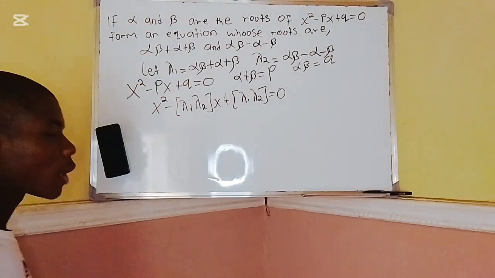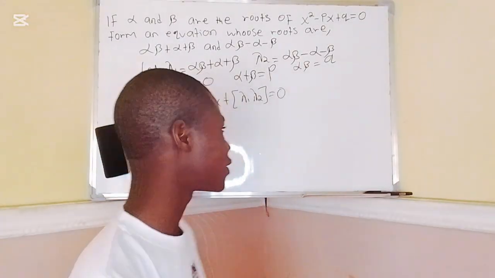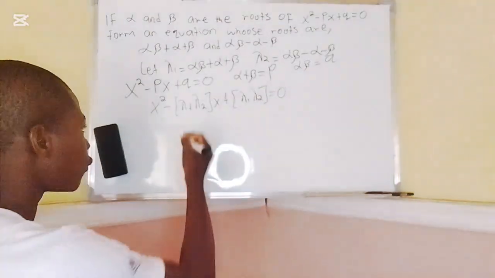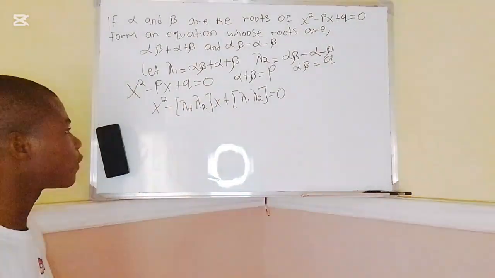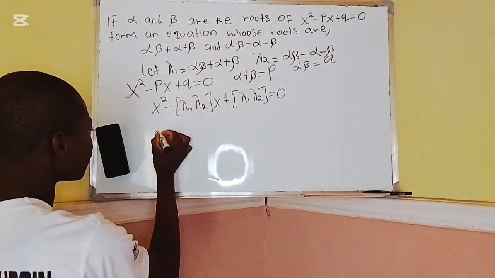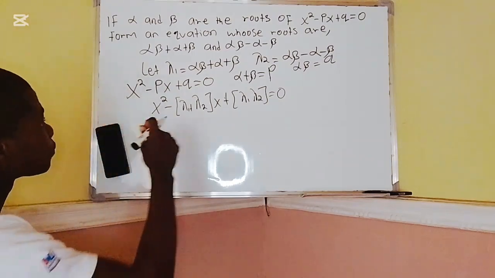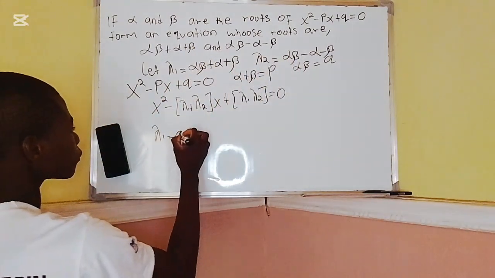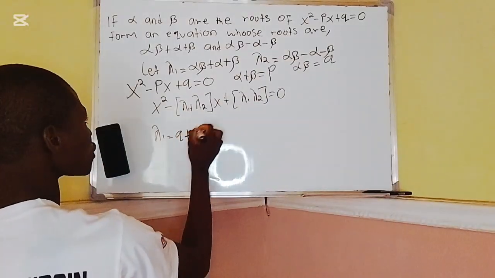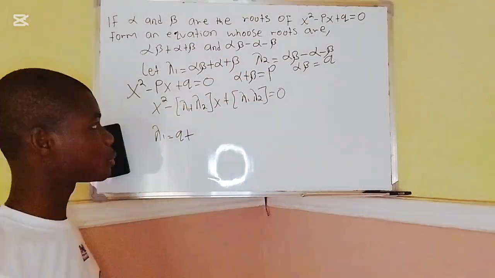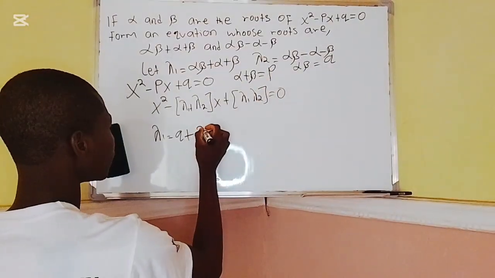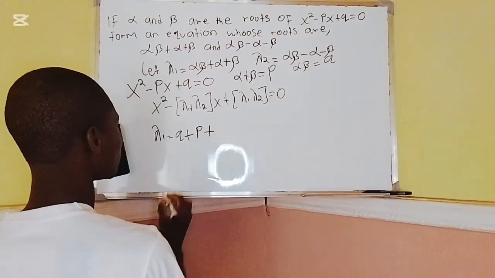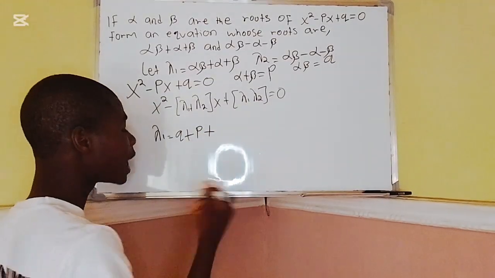So I have to find lambda 1 plus lambda 2. I have to first find the value of lambda 1. This is my lambda 1: the alpha beta is q, so q plus alpha plus beta, the sum of the roots, which is p, plus lambda 2.